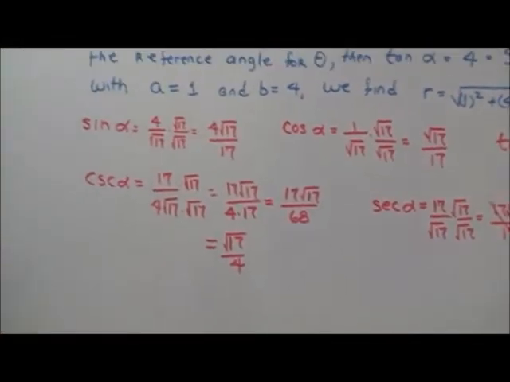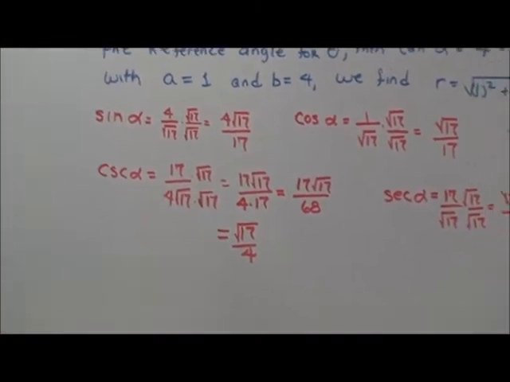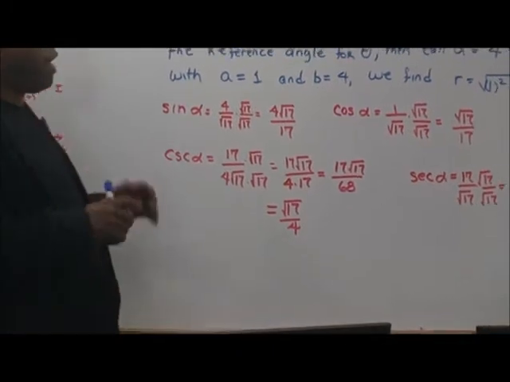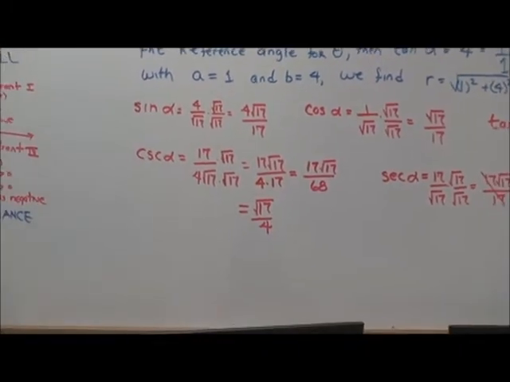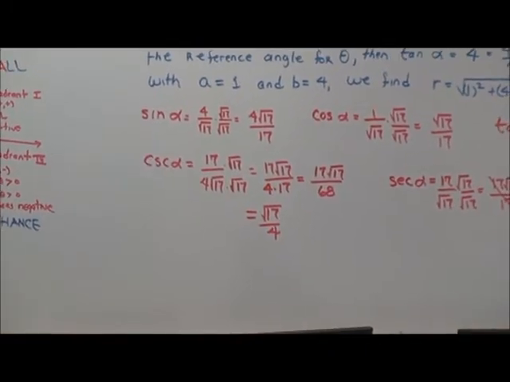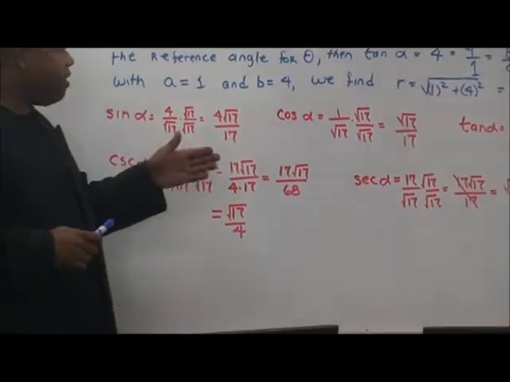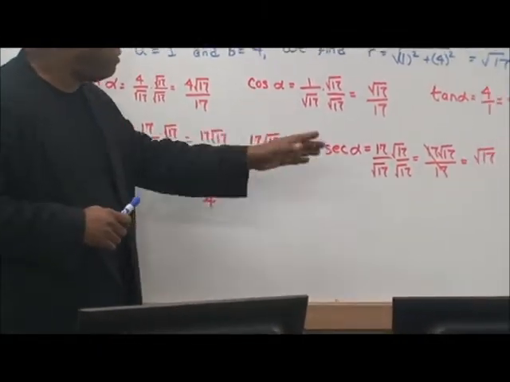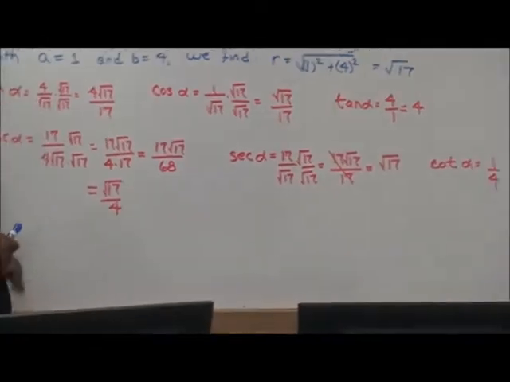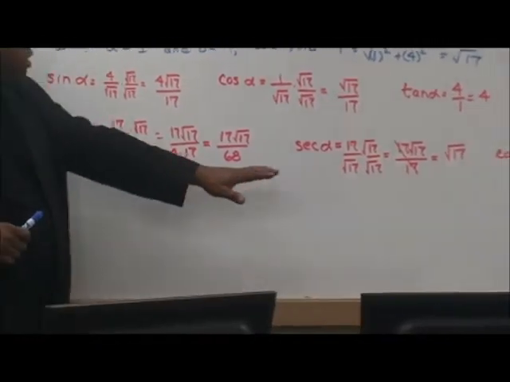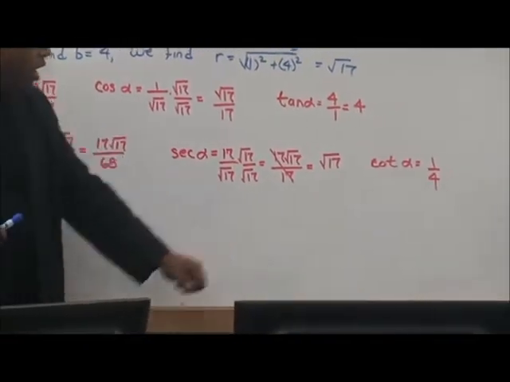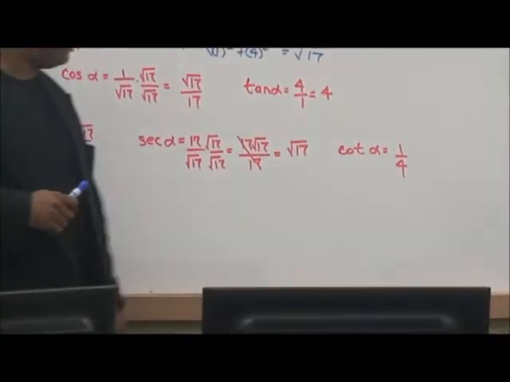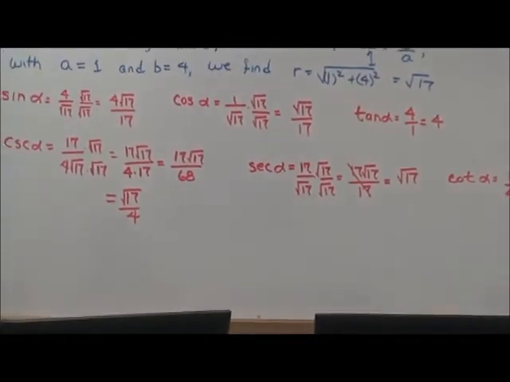So now that we found all our sides of the triangle, we can apply the trigonometric functions and find the exact values of each. So we find sine alpha, cosine alpha, and tan alpha, and also cosecant alpha, secant alpha, and cotangent alpha.